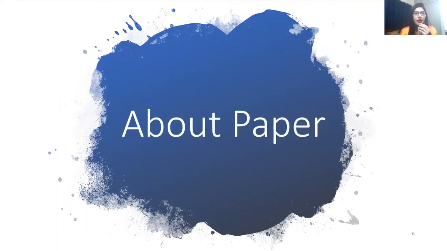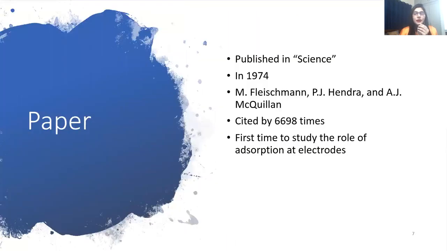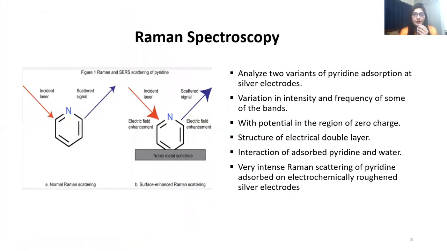Here we will discuss this paper. This paper was published in Science in 1974 by Martin Fleischmann, Hendra, and McEwen from the University of Southampton, United Kingdom. This paper is cited 6,698 times because of the remarkable work by Fleischmann and co-workers, as Raman spectroscopy was employed for the first time to study the role of adsorption at electrodes.